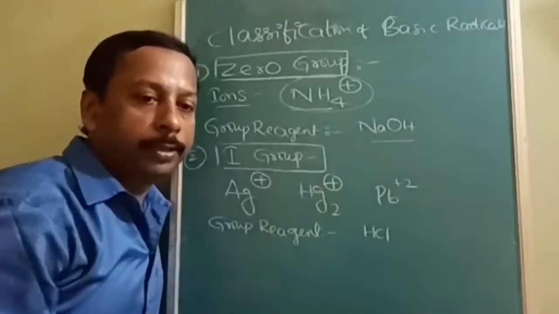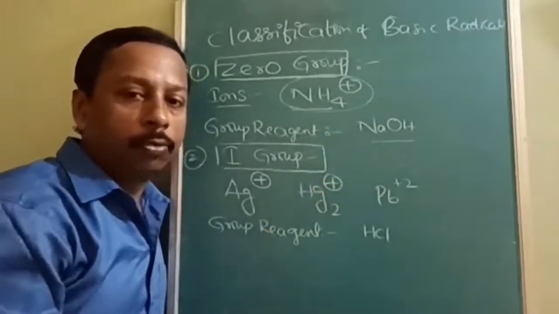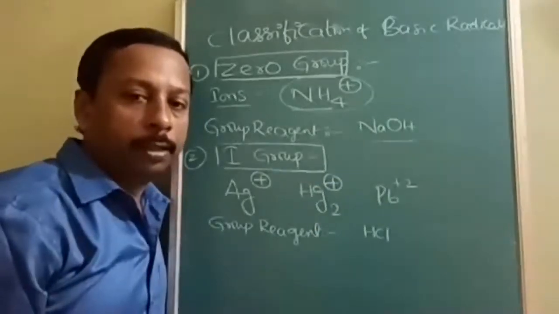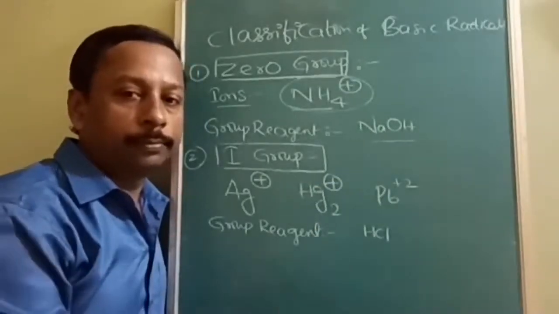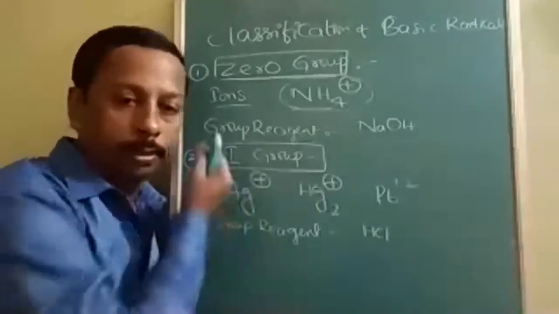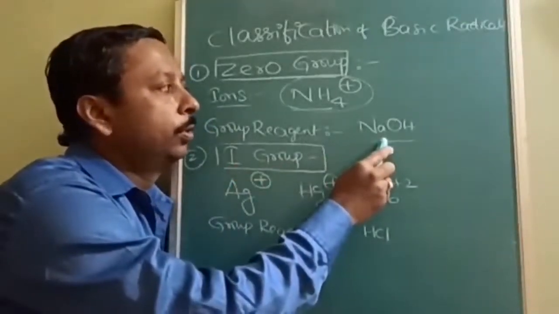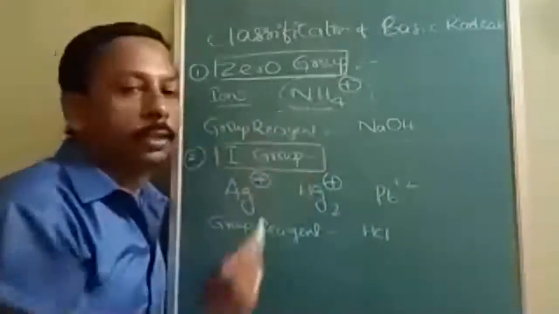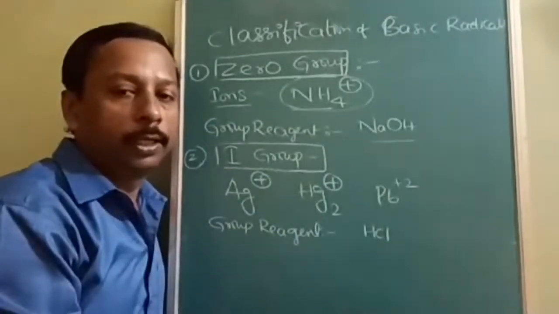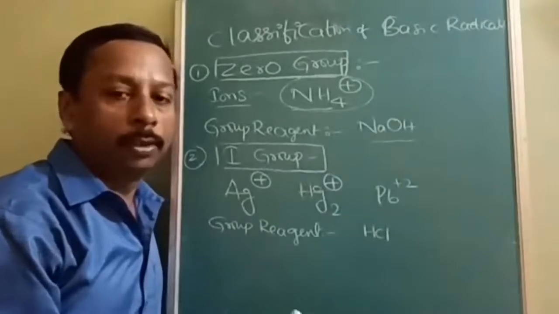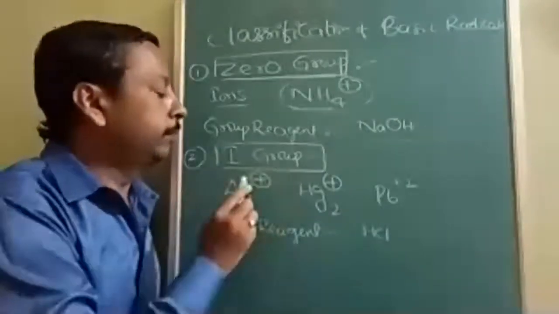So we are just summarizing: the group reagent for the zero group is NaOH, and the only available ion in the zero group is NH4 positive.